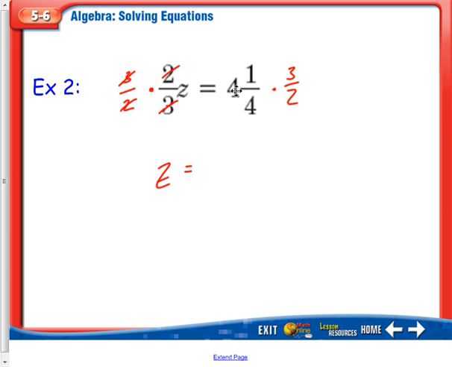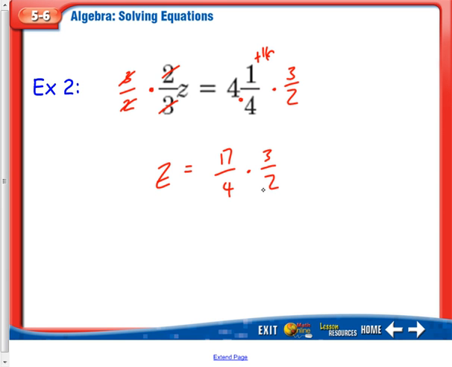So z equals, now here we notice we do have a mixed number, so let's go ahead and multiply 4 times 4, then we got to add the 1 to the 16. So we're going to have 17/4 times 3/2. And now we can look to see if we can simplify anything.